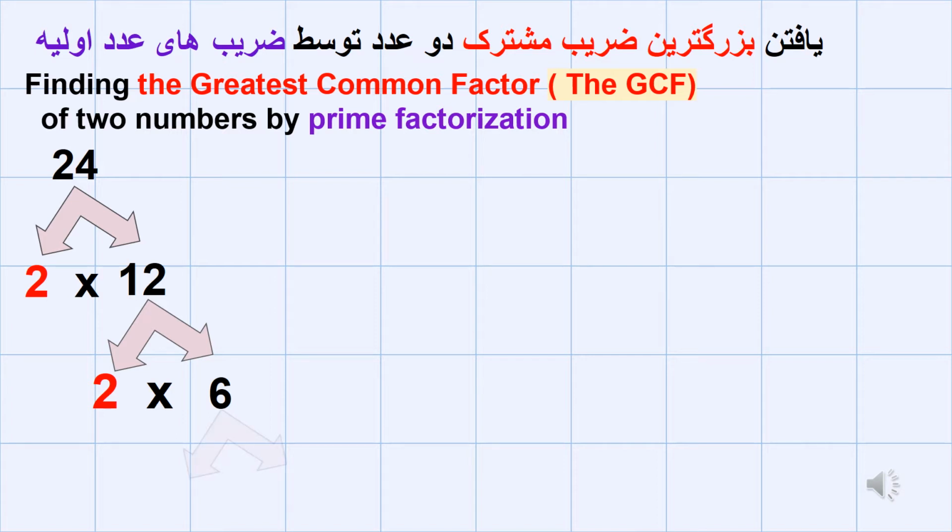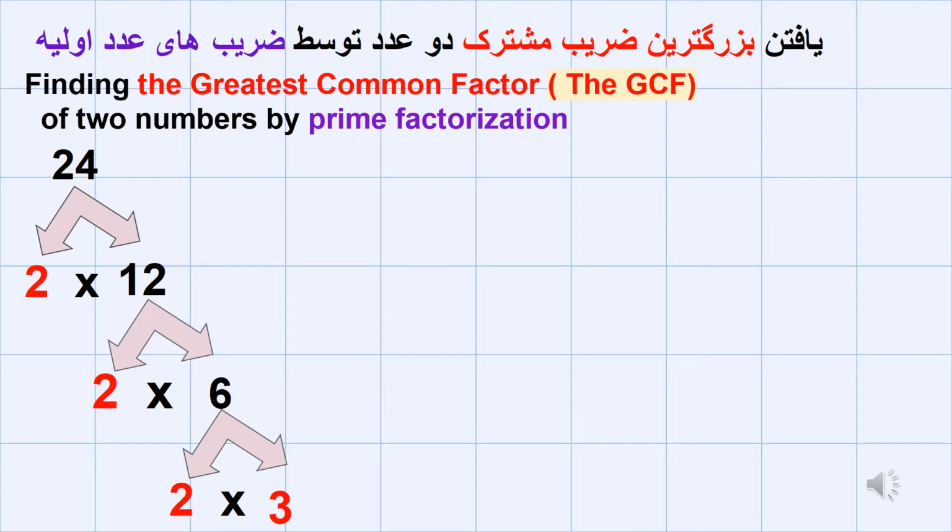6 is a composite number, and we should find the factors for 6. 6 can be divided by 2, and when 2 is one of the factors, another factor is 3 because 2 times 3 is equal to 6. 2 and 3 are both prime numbers, so we came to the end of the procedure of prime factorization.